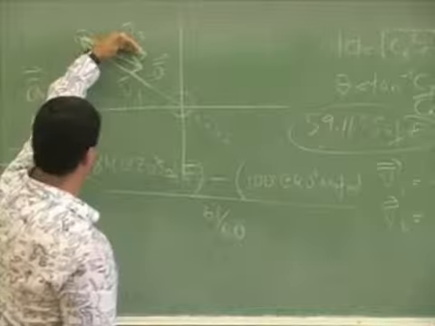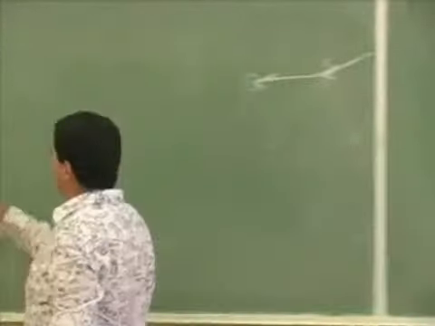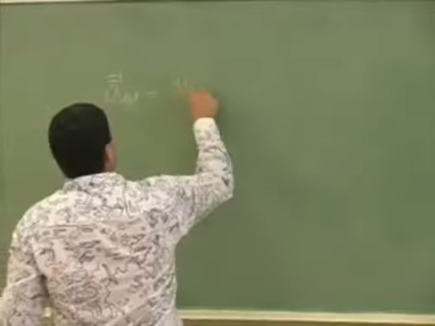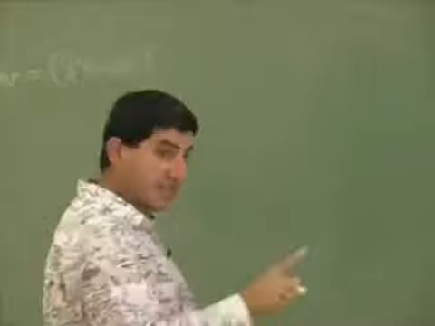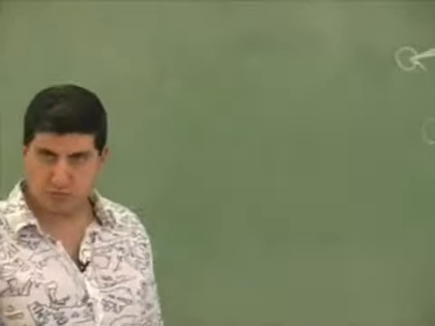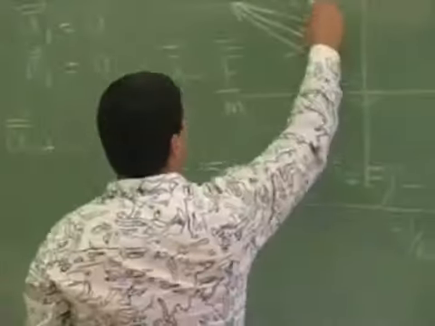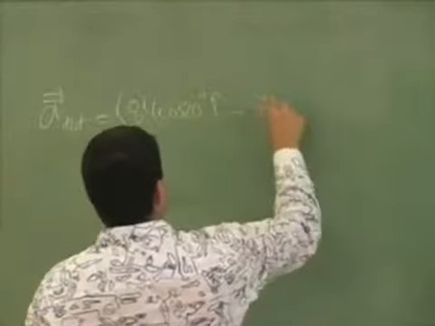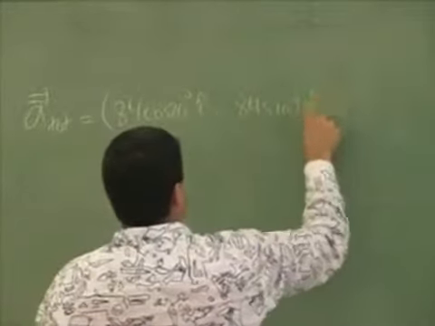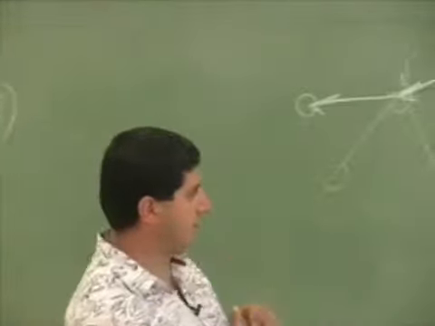So 84 cosine of 20 i hat. That's the x component of V2. And then the y component of V2 is negative. See, it's going like that, going like this. The y component of V2 is negative 84 sine of 20 j hat. So that's the V2 vector.